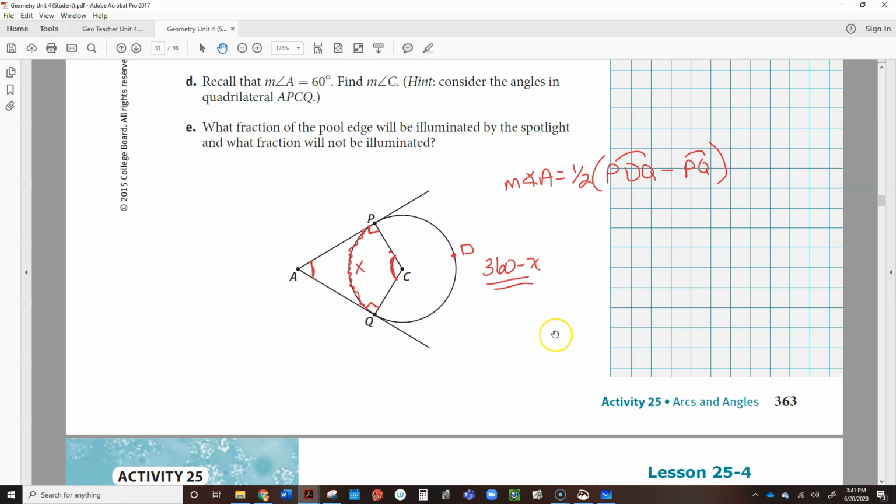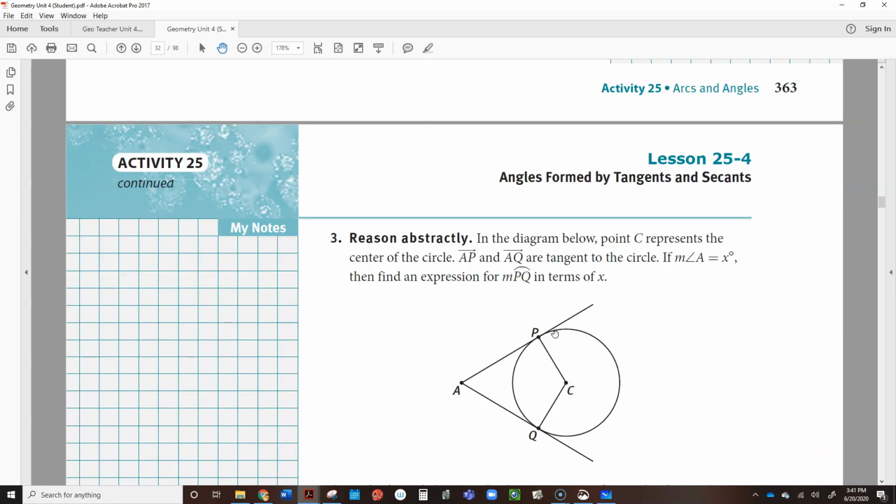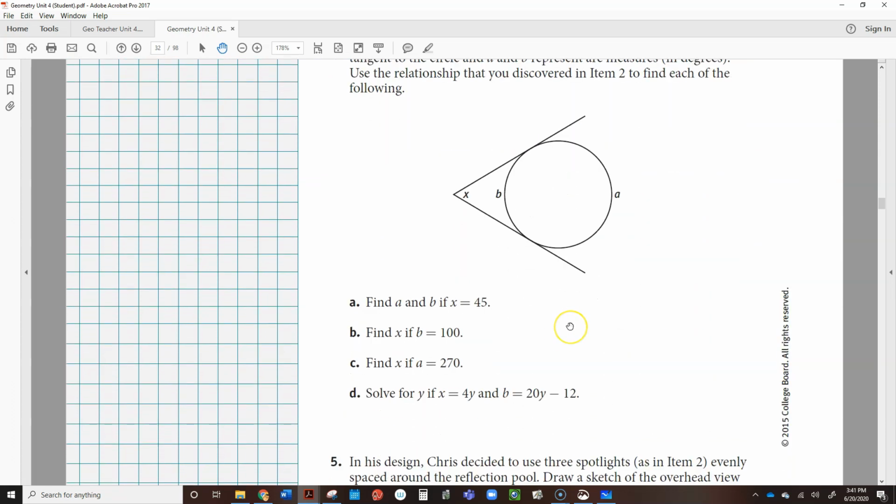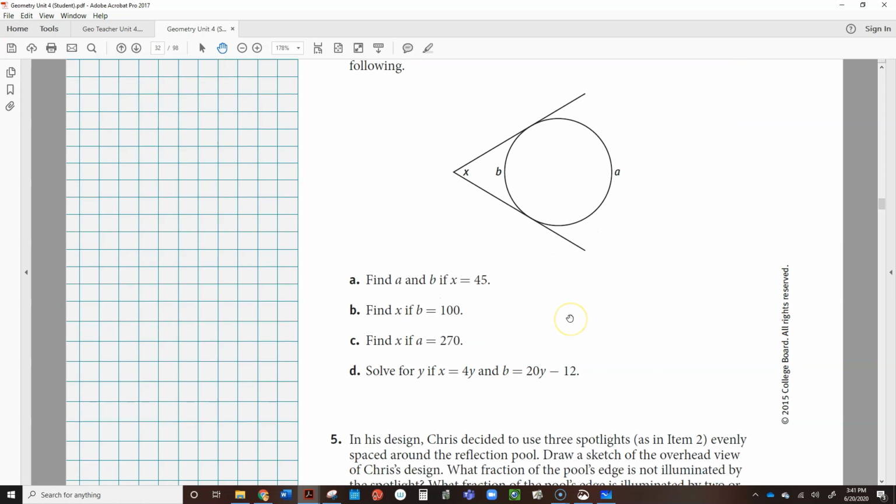Okay, I'm going to run down here. We're skipping all of this. We're going to work these problems. We're not going to work them the way Springboard wanted us to, but we're going to see if we can't find them using the formulas that I just gave you. So in this situation right here, remember, x is the exterior angle, or the angle that's formed outside. So we know that x is equal to half the difference of the two arcs, big arc minus little arc.